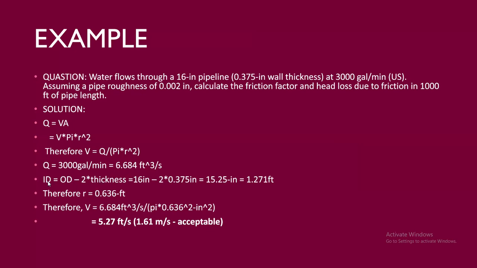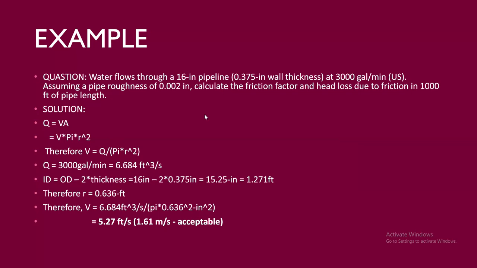Then we are given the, sorry, I made a mistake here. So it was meant to be, we are given the outer diameter. So it should be: inner diameter is equal to outer diameter minus 2 times thickness.